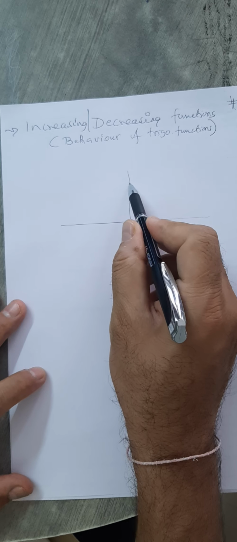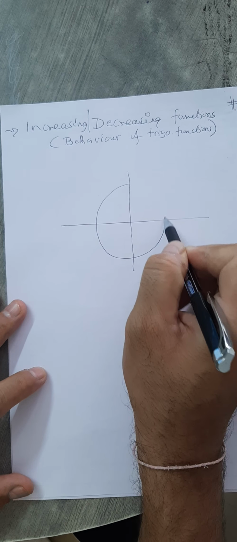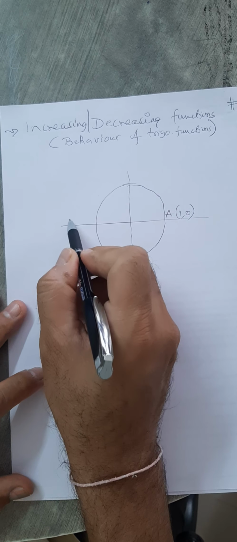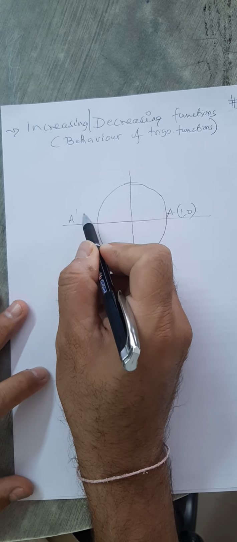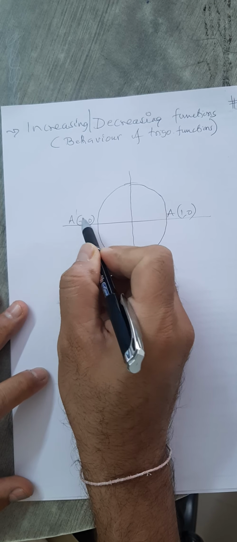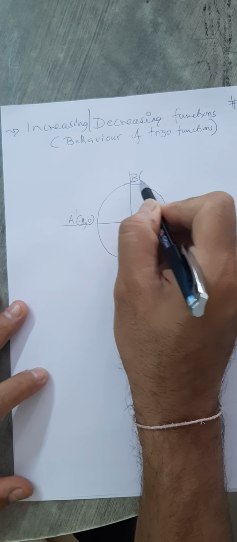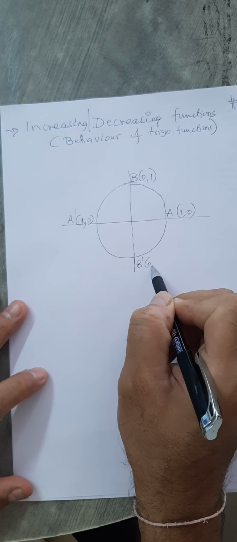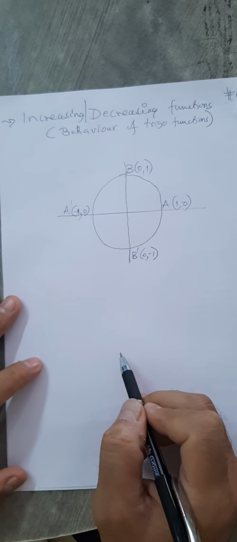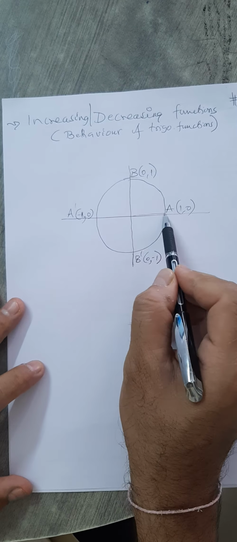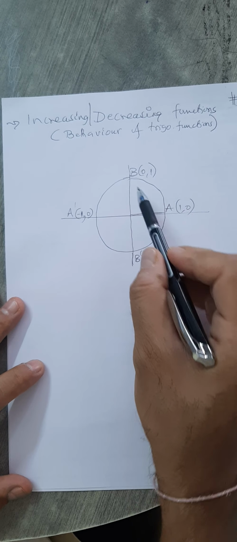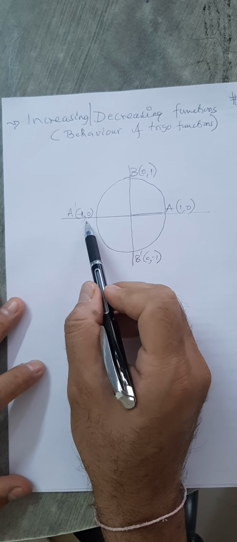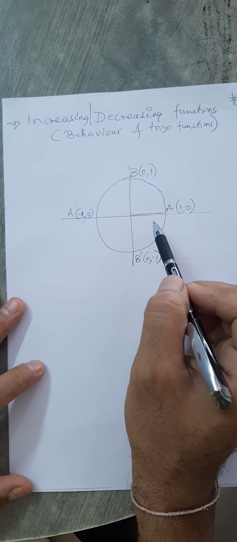Unit circle here. These are the 4 reference points, coordinates A (1, 0), A dash (-1, 0). This is B (0, 1) and B dash (0, -1). Unit circle means this is 1 unit, so (1, 0). This is again 1 unit, remember. This is (0, 1), on the y-axis the x coordinate is 0.